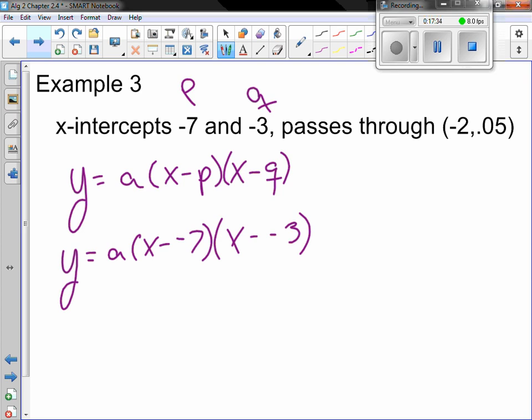Because really we could have also said that q is negative 7 and p is negative 3. It doesn't matter which one, because when we simplify, no matter how I write them, they mean the same thing, two things multiplied together.